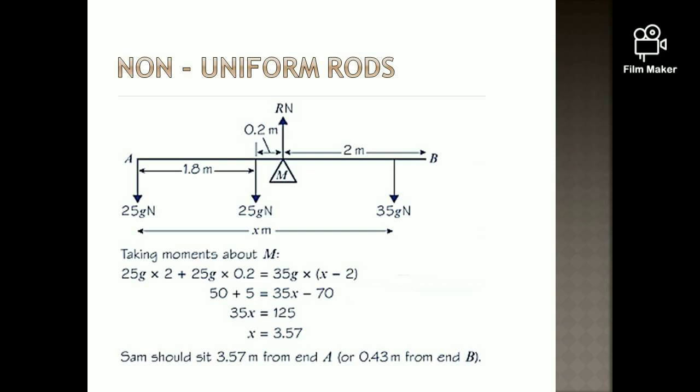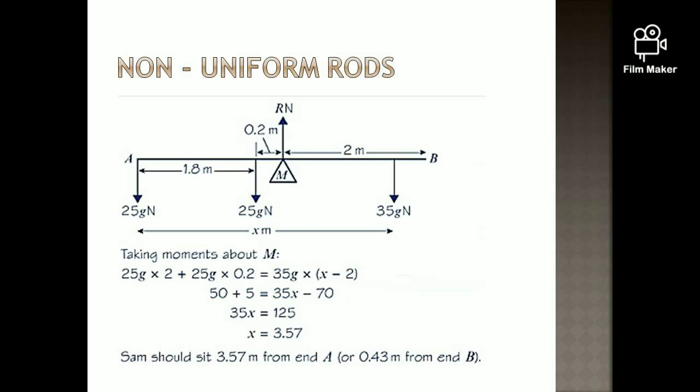Then I'll consider that the anti-clockwise moment equals the clockwise moment. I have put the anti-clockwise moments on my left-hand side and the clockwise moments on my right-hand side, right? What are the effects for the anti-clockwise moment? One is 25G and the other one is also 25G. The first 25G is due to the person sitting at A, so that moment is 25G into 2, right?